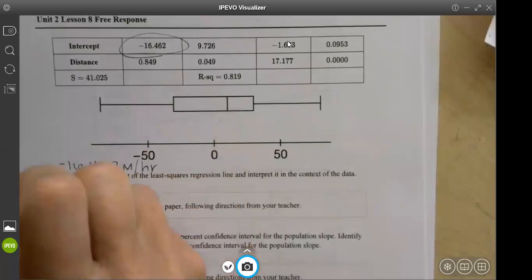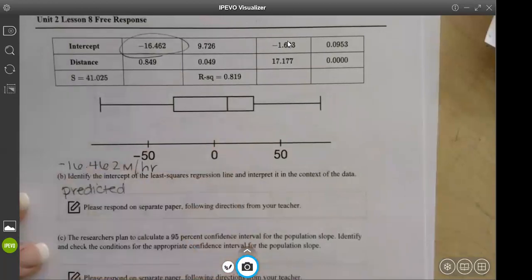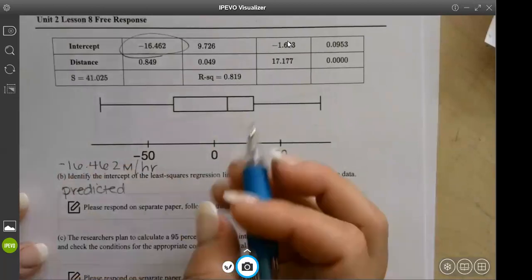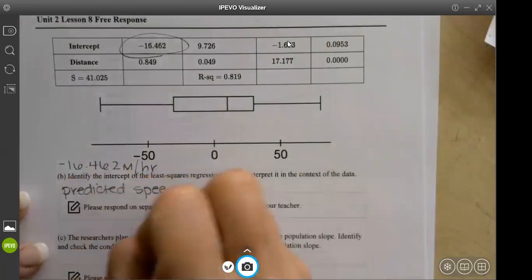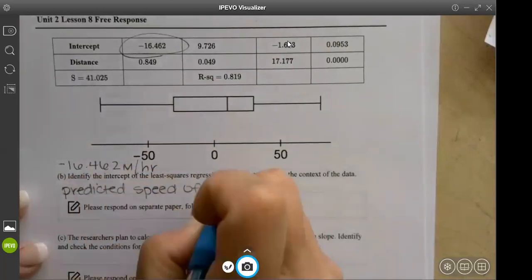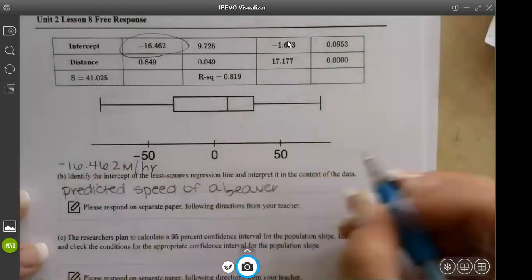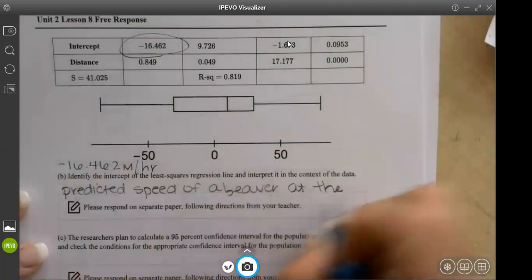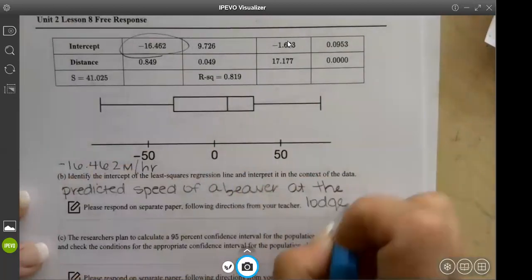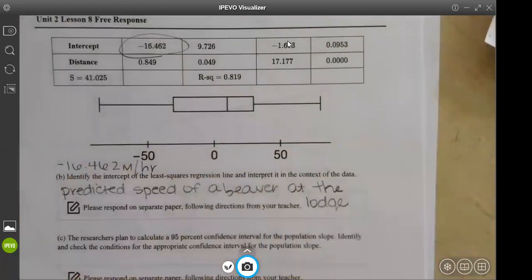And you always need to use the word predicted because that's exactly what a line of best fit or a regression line is, a prediction line. It's the predicted speed of a beaver at the lodge. They didn't go anywhere. And we know that we can't have a negative 16 speed, but that pretty much tells you that they're not moving. Is that good?